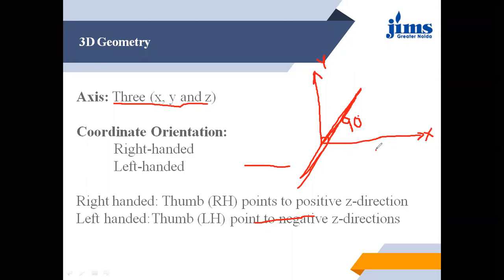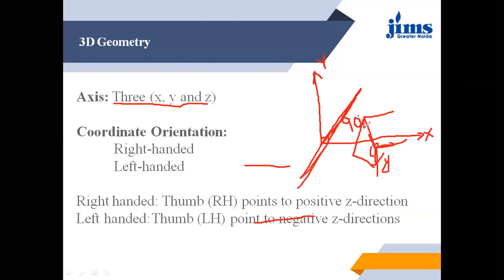In one direction, this is the x-axis. In another direction, perpendicular to this, is the y direction or y-axis, and the third one is perpendicular to x as well as perpendicular to y.